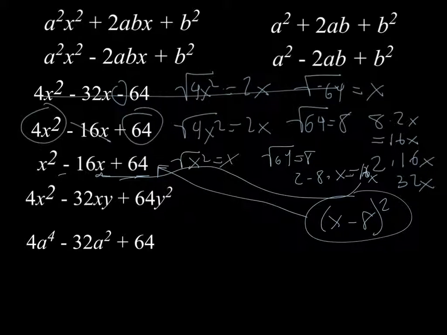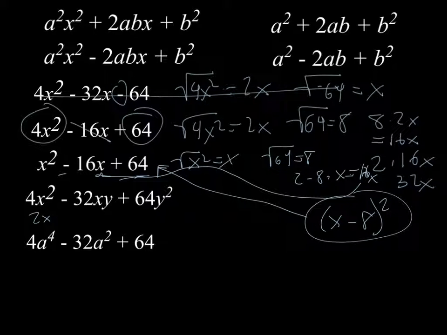Now, at first, looking at this next example, you see the two variables, and you think this can't be done. But again, ask yourself, is this a perfect square? Yes. Is this a perfect square? Yes. The square root of the 4x squared is going to give you 2x.